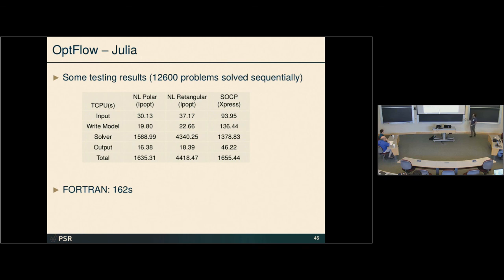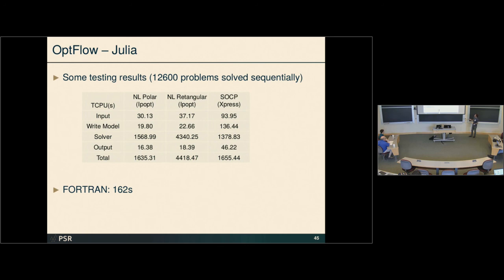This is just some results. The Fortran algorithm is way faster. In this example, we solved about 12,000 problems sequentially. The Fortran did everything in 160 seconds, but it's tailor-made, so it should be much faster. And these are the times for what we did in Julia.